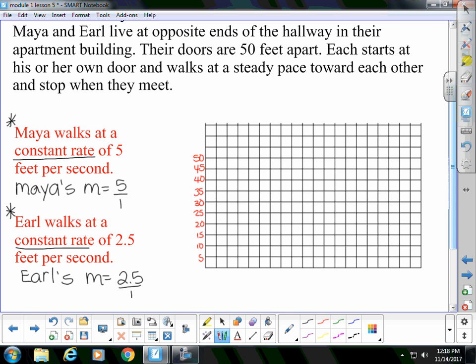Time is always on the x-axis, and distance or elevation is always on the y-axis. Remember, these are distance versus time graphs. So this is going to be the time over here. They didn't actually give us a specific amount of time, but this is distance in feet.